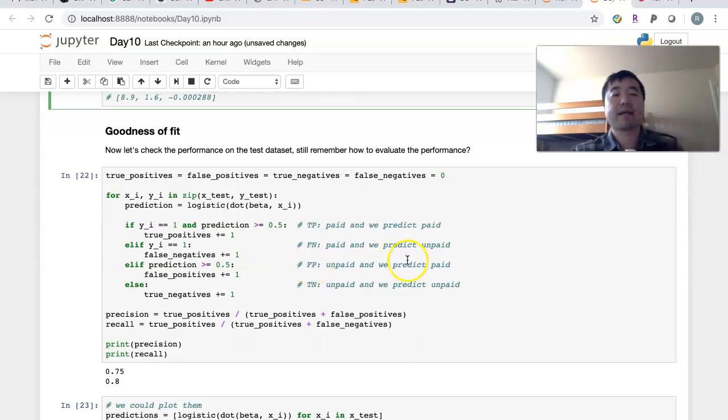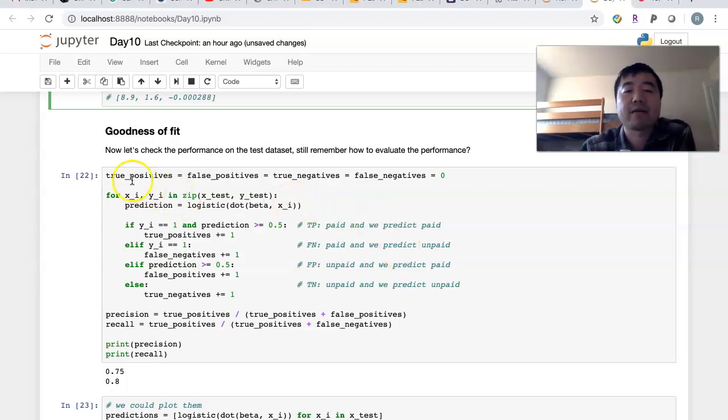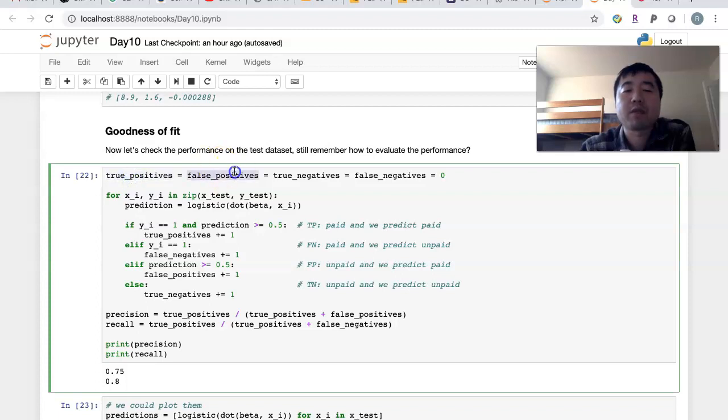Now let's take a look at the model, how good it is, how the performance is. We can calculate the true positive, false positive, true negative, and false negative. We initialize with 0. This is just some simple counting. We apply the prediction to the testing data set.